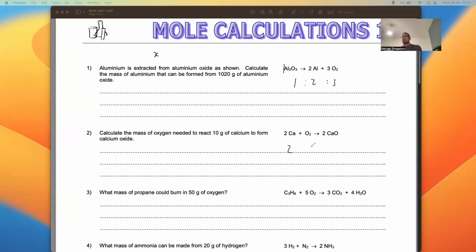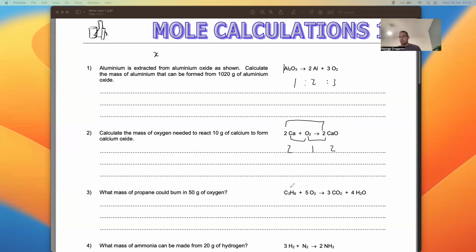Here the ratio is 2 to 1 to 2. There are 2 calciums for every 1 oxygen, and there's 2 calcium oxides for every 2 calciums. So between these two, they're 2 to 2, which means 1 to 1. Between these two, they're 1 to 2, and these are 1 to 2.